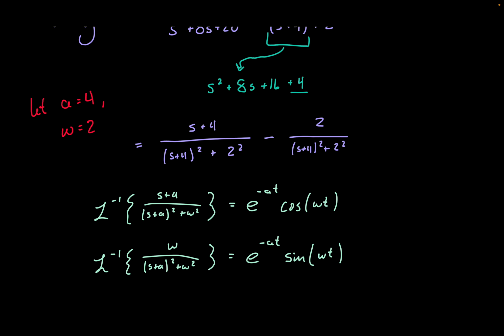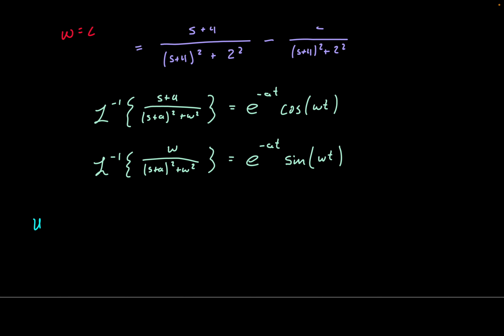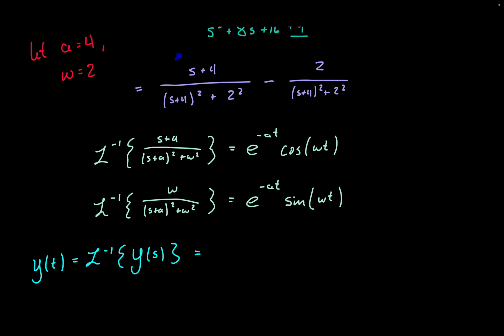So now when we take our inverse Laplace transform and translate back to y of t to solve it, that'll essentially be the inverse Laplace of capital Y of s, because we're transferring our frequency domain function back to our time domain function. That's going to be equal to, we'll just plug in these equations. We'll start with this one first, which corresponds to e to the negative a t cosine omega t.